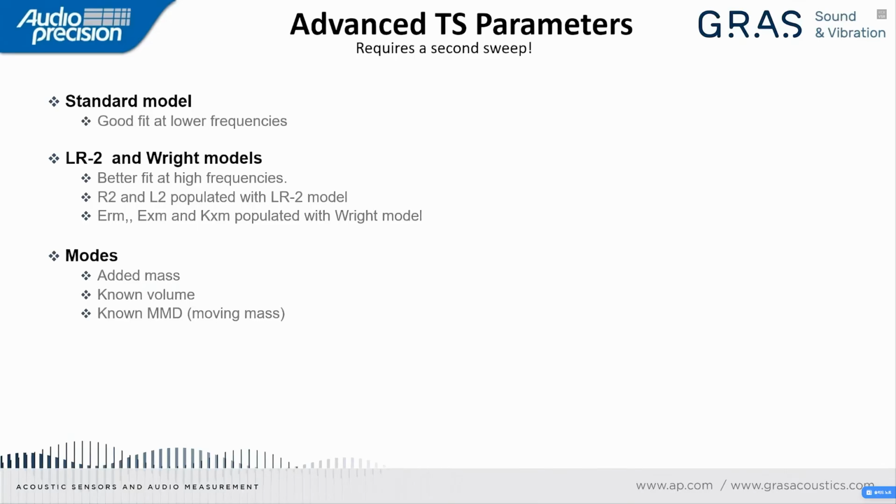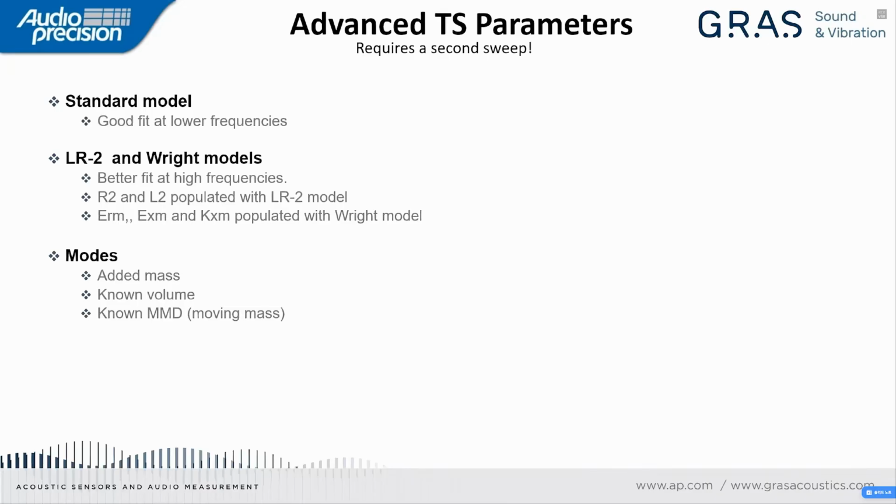So this requires a second sweep. What you do is you do a sweep in free air, and then usually add some mass, which can be in the form of a toroid, usually using something like Blu Tack or modeling clay, put around the dust cap.